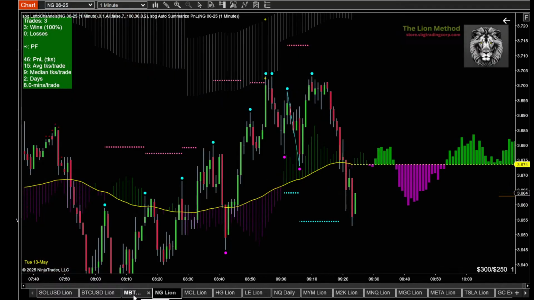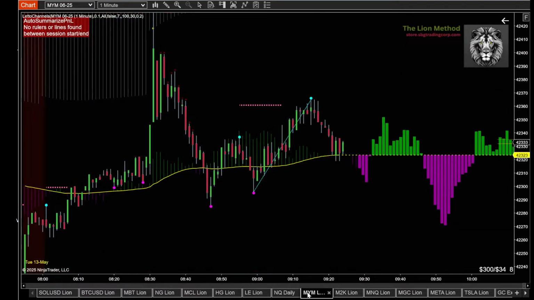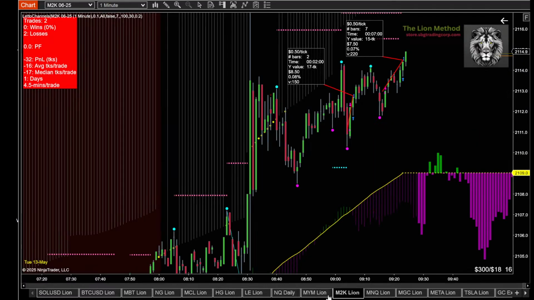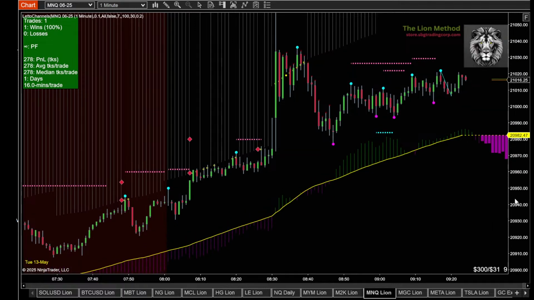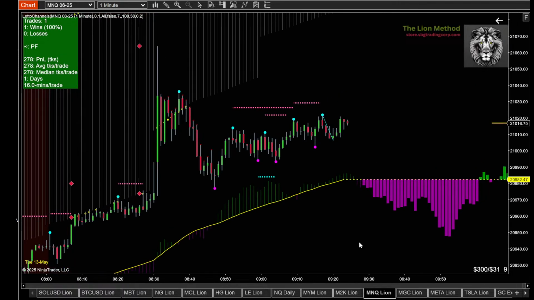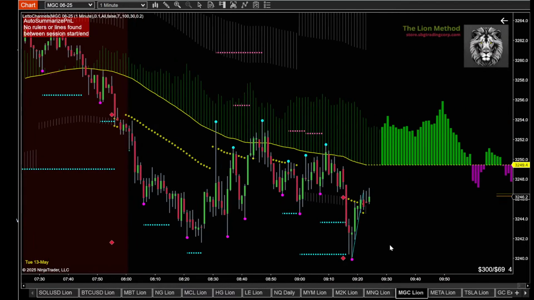Nat gas. Oh yeah, we haven't looked at gold yet. So gold is oversold, but honestly, there's no real buy entry points here. The market is just a little crazy.